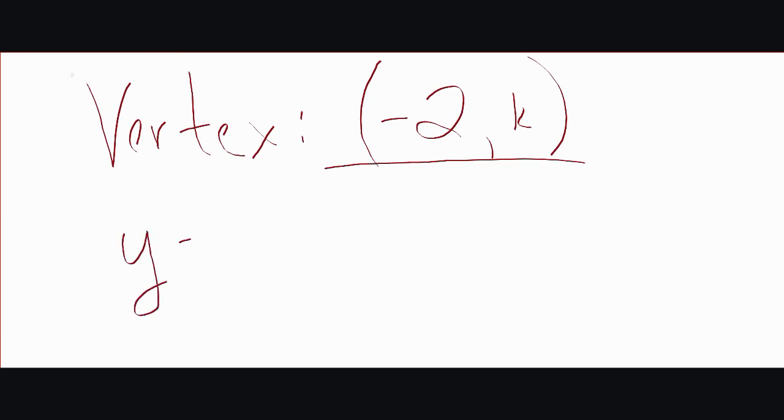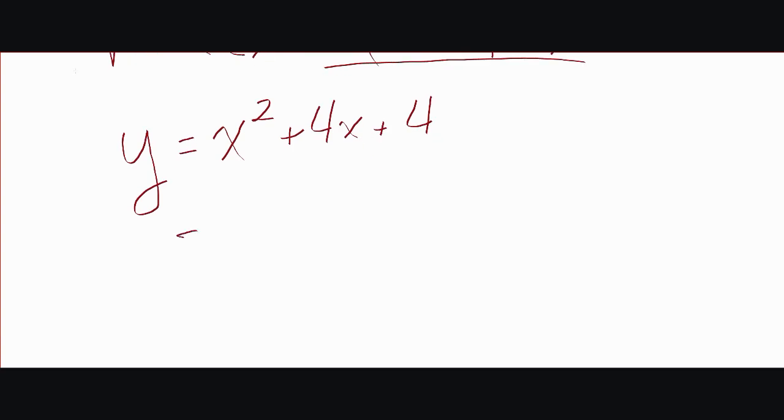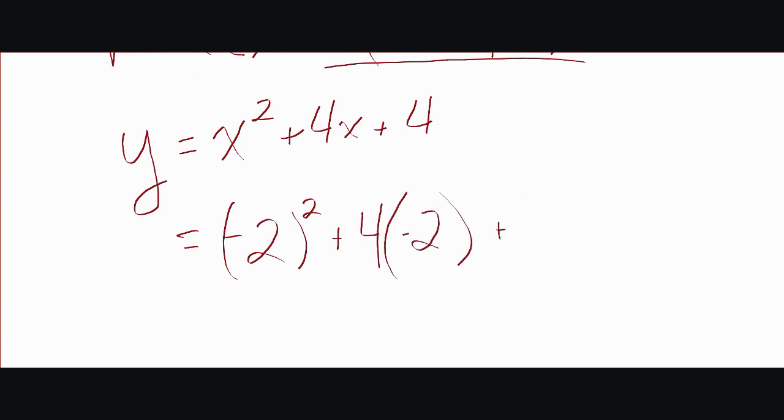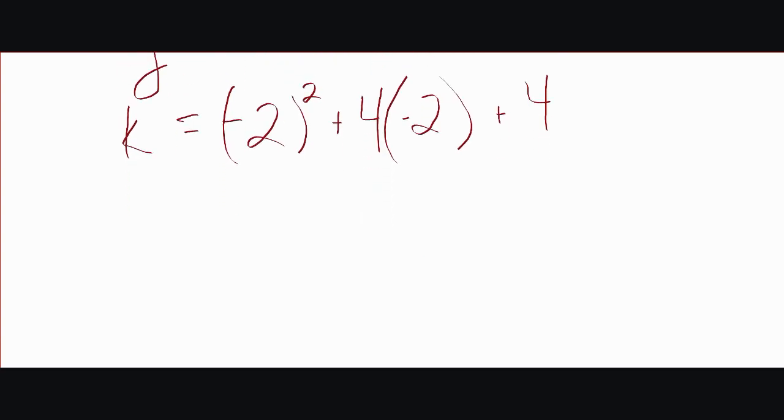So if I have y equals x squared plus 4x plus 4, as soon as I plug in -2 for x, -2 squared plus 4 times -2 plus 4, this is all equal to k. Because as soon as I plug in -2, what I'm finding is the corresponding y value. And the y value that corresponds to h is k. So k is equal to -2 squared plus 4 times -2 plus 4.